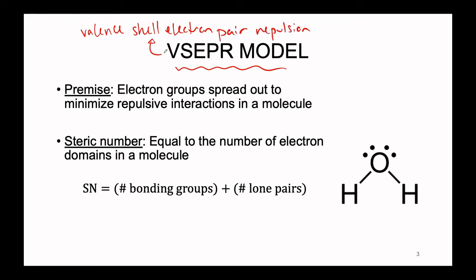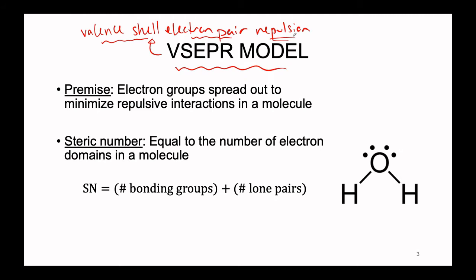So what we are doing here is observing the valence shell of each of the atoms in our molecules, observing where the electron pairs are around the central atom, specifically in the molecule, and predicting how these electron pairs are going to repel each other.